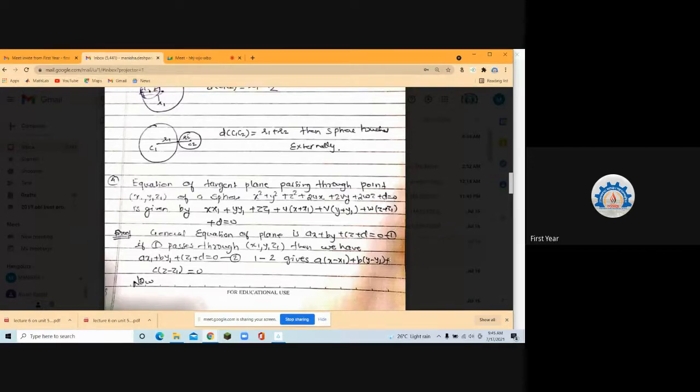When you simplify this, the negative terms are replaced by positive terms, and we get x1 x plus y1 y plus z1 z plus ux plus vy plus wz plus ux1 plus vy1 plus wz1 plus d is equal to 0. Then collecting the terms of u, v, w together, we get u into x plus x1, plus v into y plus y1, plus w into z plus z1, plus d is equal to 0. And this is your equation of the tangent plane.